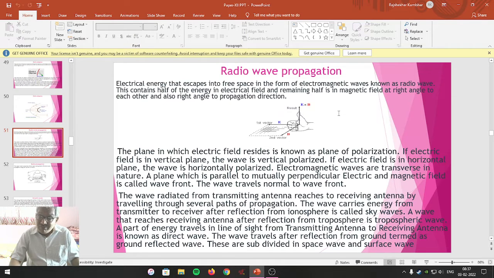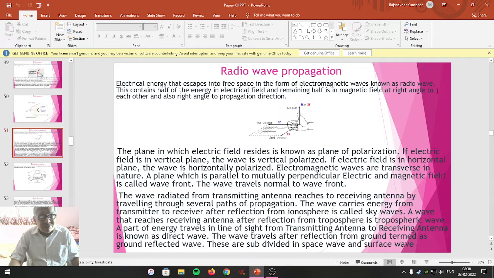It means the signal transmitted from the transmitting antenna into space is known as an electromagnetic wave, carries the energy, and that's why it is called the radio wave. In short, the electrical energy that escapes in free space in the form of electromagnetic waves is known as radio wave.